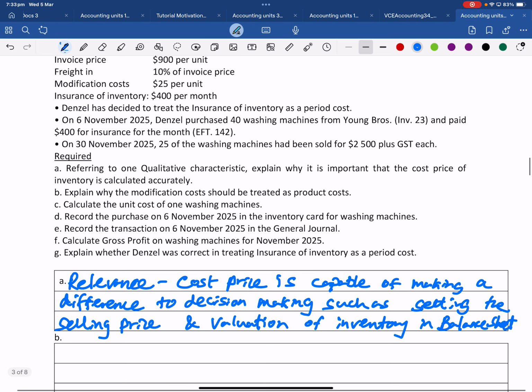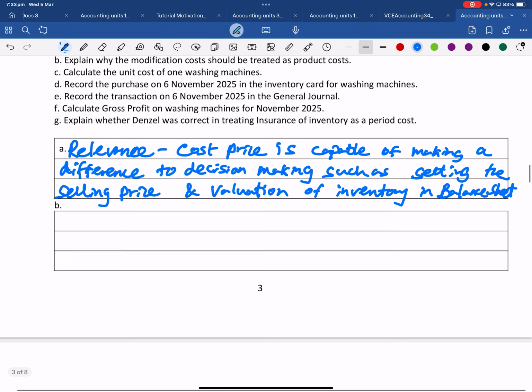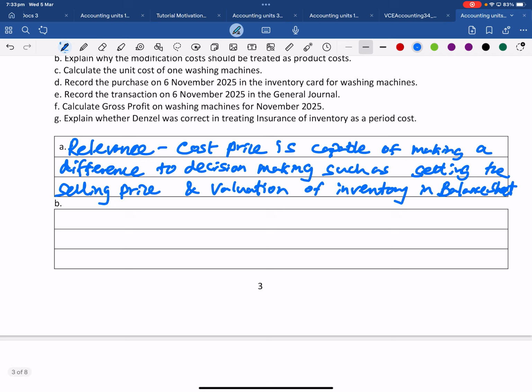Because it has been incurred to bring the inventory into a condition where it is ready for sale. You don't write both of them. For one particular aspect or one example, you are writing only one of them. One of location or condition. Okay? So let's write it.